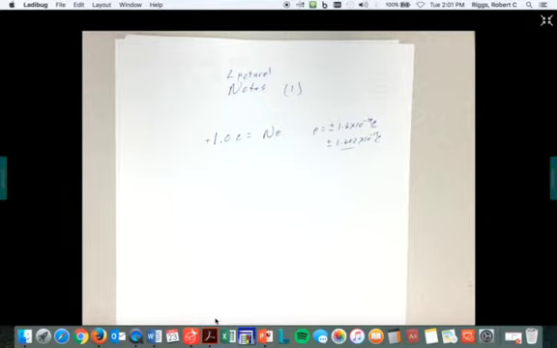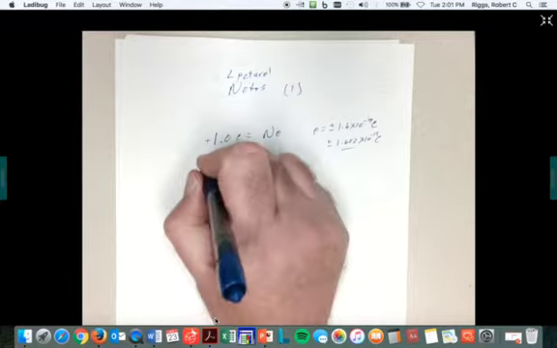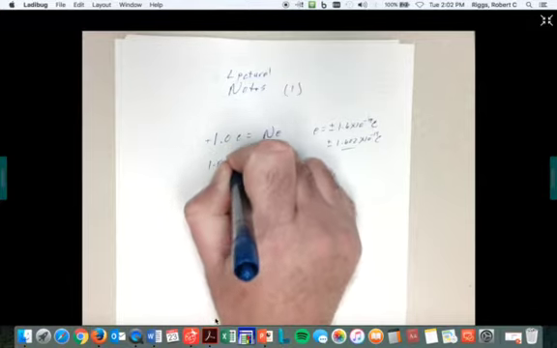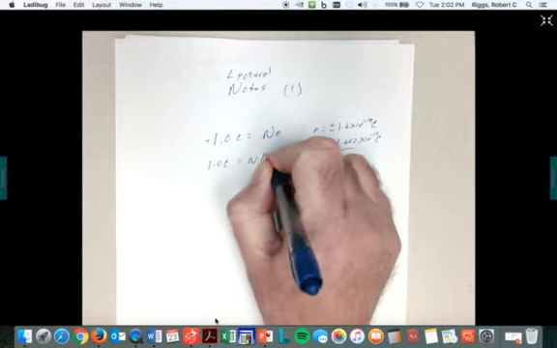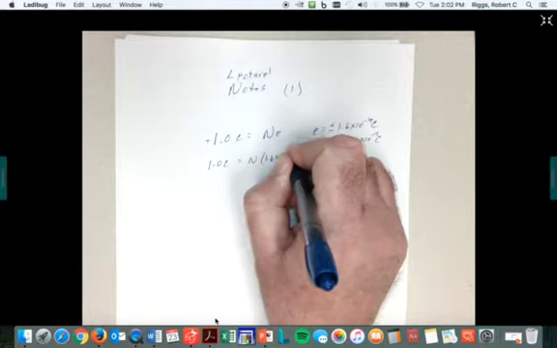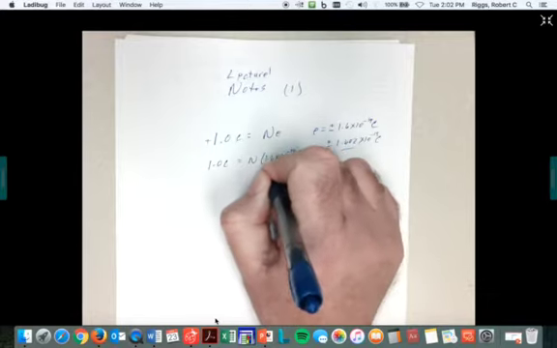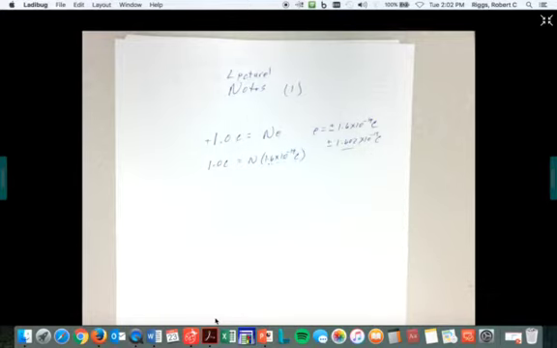So we're looking for 1 coulomb of charge. So we say 1.0 coulombs is equal to N times 1.6 times 10 to the negative 19 coulombs, because that's as small a charge as we can get until we get down to quarks. And quarks have a third of that. But that's subatomic, that's particle physics, and we don't quite get there in this class.